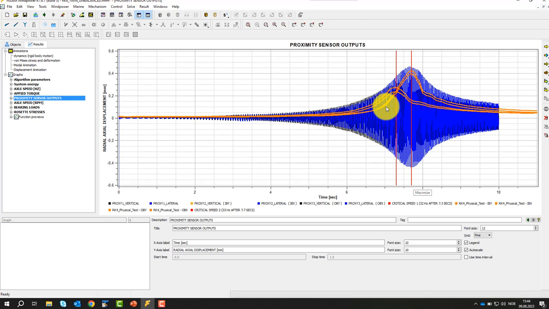The orange curves here are actually outputs from the physical test. And if you compare them, you can tell that I got resonance at a critical speed of 32 Hz here, and only one resonance peak. While the physical test gives me an output or a resonance peak at roughly 31 and 32 Hz.